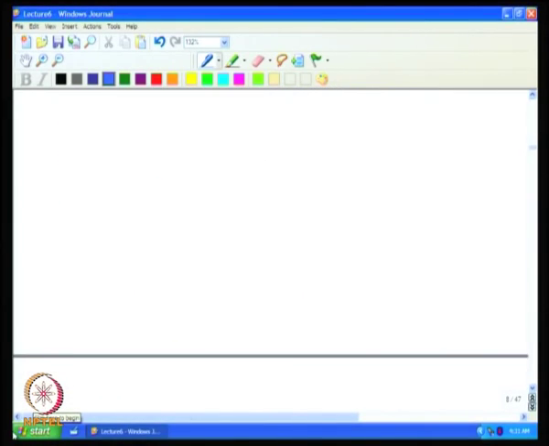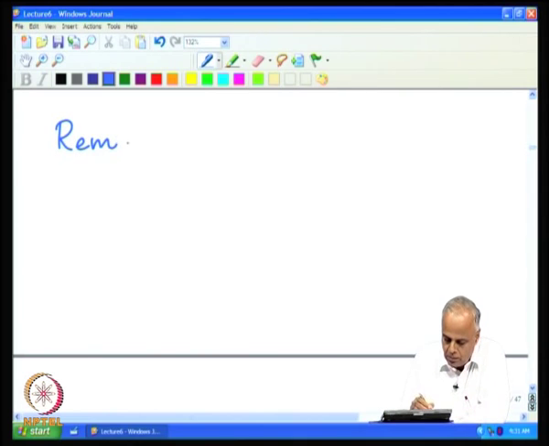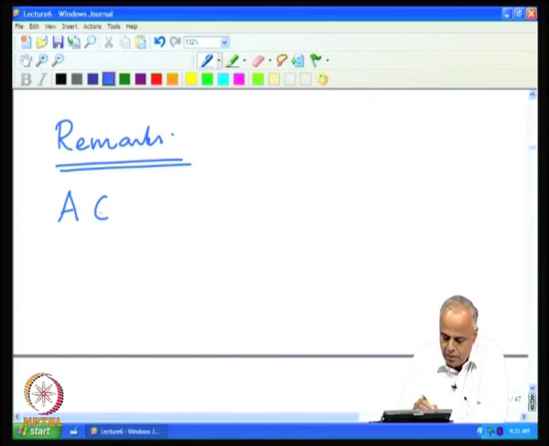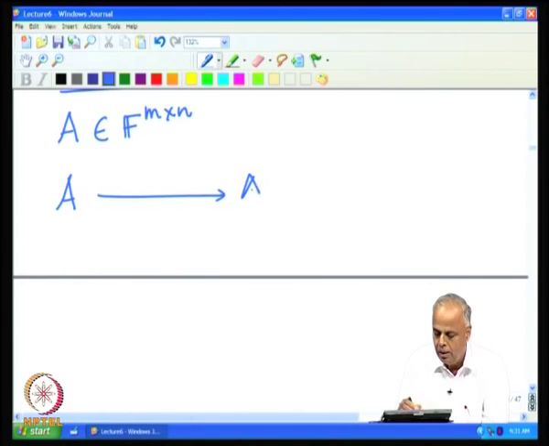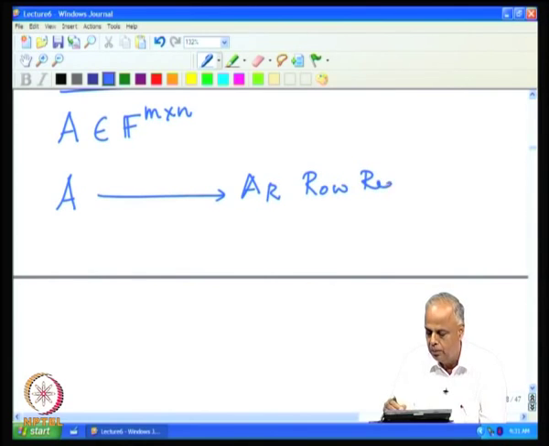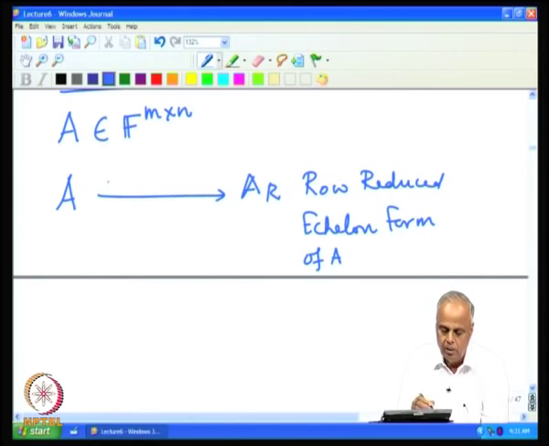Now, let us make some remarks. Let us look at a general matrix A which is m by n, and when we reduce A to the row reduced echelon form of A by our usual first column operations and cleanup operations.